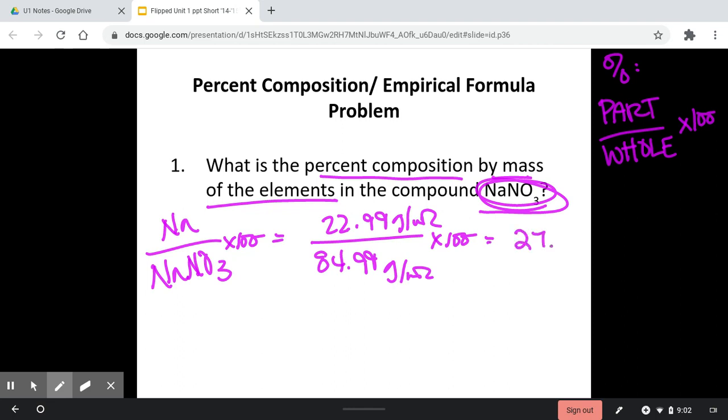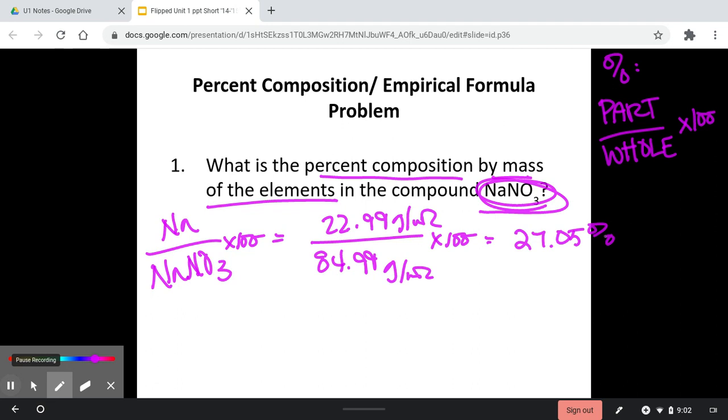And I'm going to use the second answer function on my calculator so that I'm not asking it to round off before I actually hit my answer. And I'm going to get 27.05%.